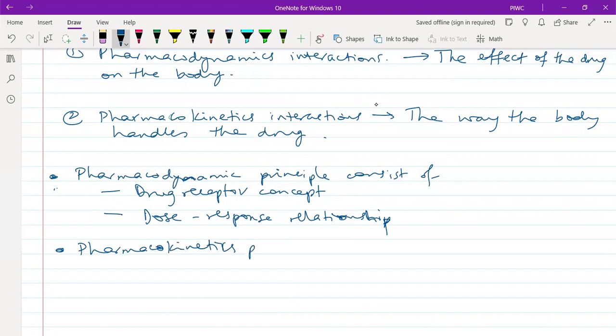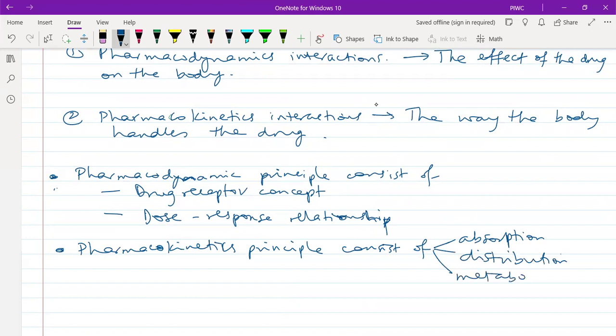So let's say the pharmacokinetic principle consists of absorption, distribution, metabolism, and excretion. Okay.